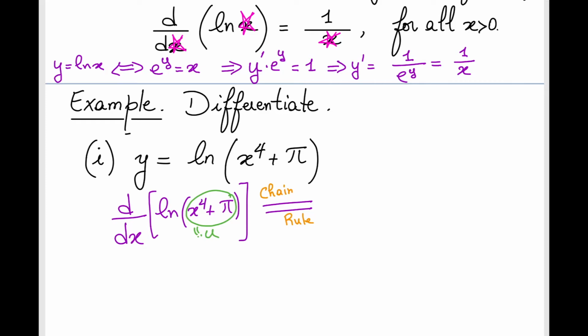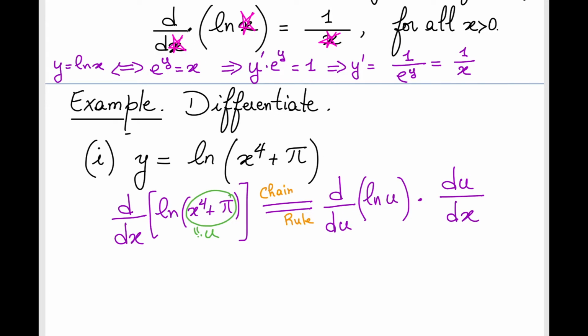What do we get? We get that this is equal to the derivative with respect to U of ln of U, times the derivative of U with respect to x. And now I have this format. I have the star here and the star here, right?